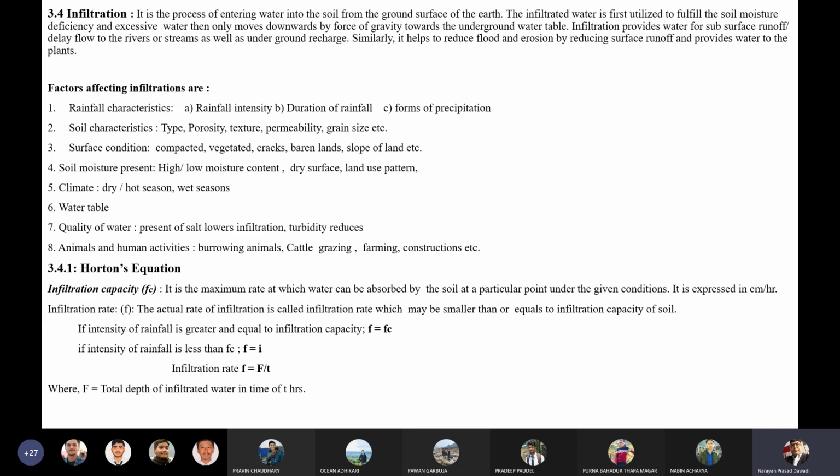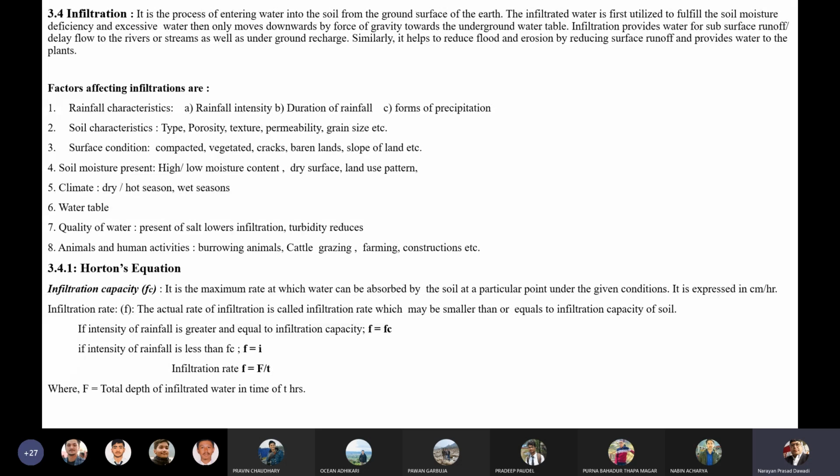And that's why, for maintaining the water content, or maintaining the soil moisture in the root zone, infiltration plays a vital role. That's why infiltration is very important due to three causes.